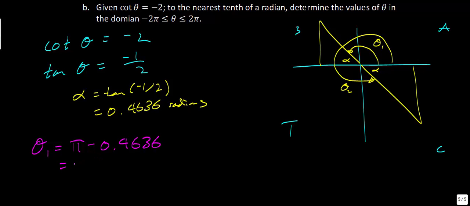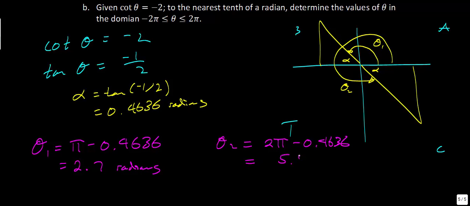And we do that, because we're going to only one decimal place, we're left with 2.7 radians. That's my first theta. Theta 2 is going to be equal to, we're going all the way around 360 degrees, or in terms of radians, that's 2 pi. So 2 pi minus 0.4636, and that gives me 5.8 radians.